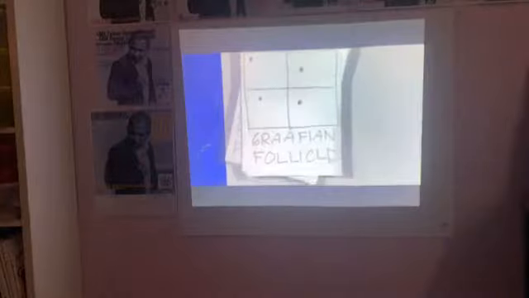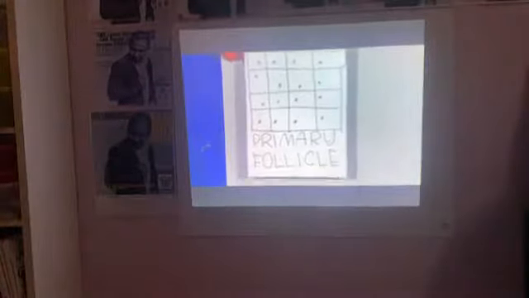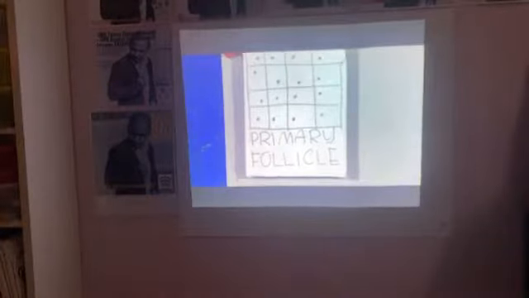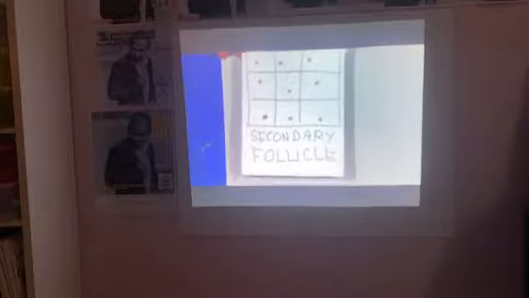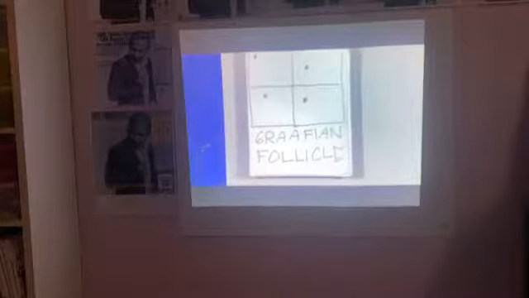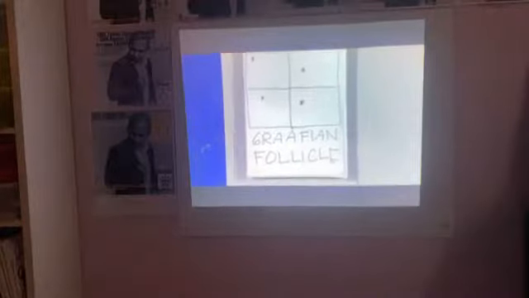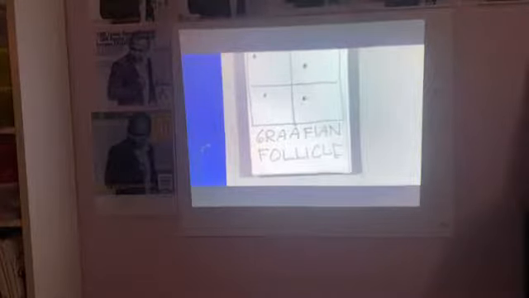At the same time, the primary follicle will secrete estrogen, the secondary follicle will secrete more estrogen, and the Graafian follicle will secrete the highest concentration of estrogen. So, the size and the secretion of estrogen go in parallel. Got it? Okay. So, in this case, the estrogen also will be transported by blood vessel.